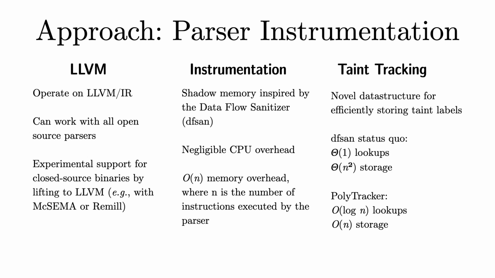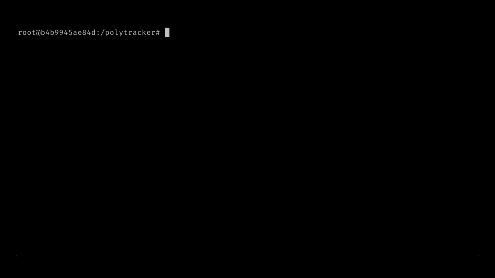PolyTracker, to the best of our knowledge, is the most efficient tool for performing so-called universal taint analysis, basically being able to track all data flows throughout the program through its entire execution. It's very efficient, as we'll see in this demonstration.